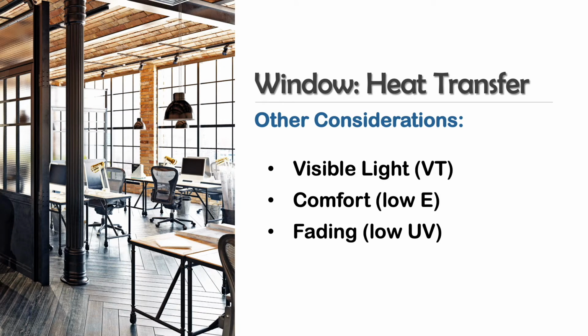The other considerations are the amount of visible light that comes in, the comfort, which is measured by the amount of low E that might be provided, and fading. If we have an ultraviolet light blocker, it's going to reduce the amount of fading that happens due to ultraviolet light coming through the glass.